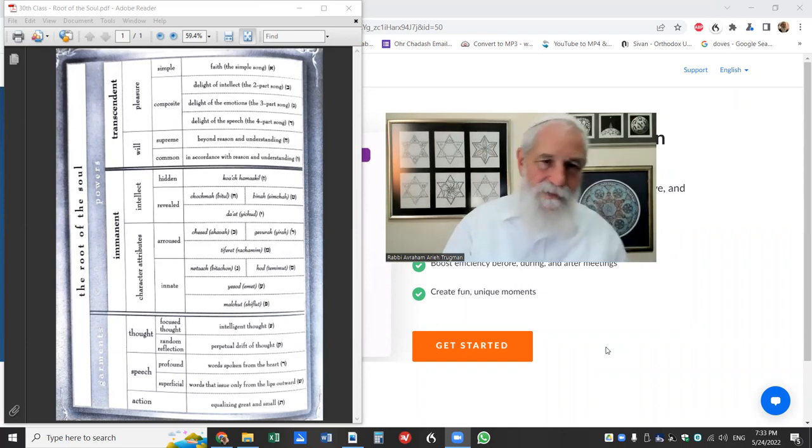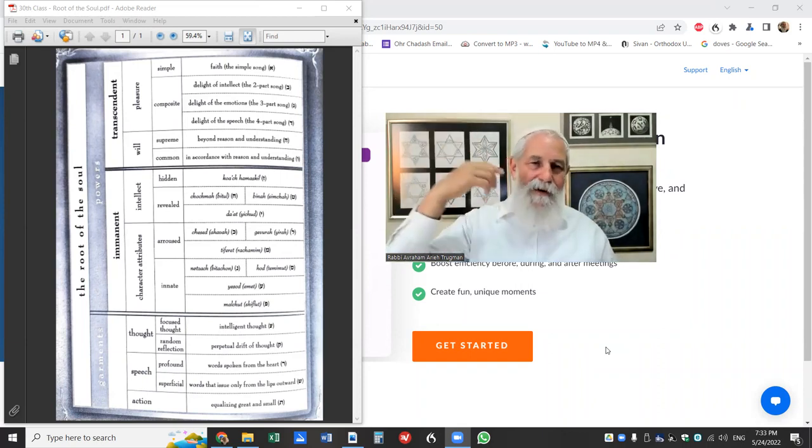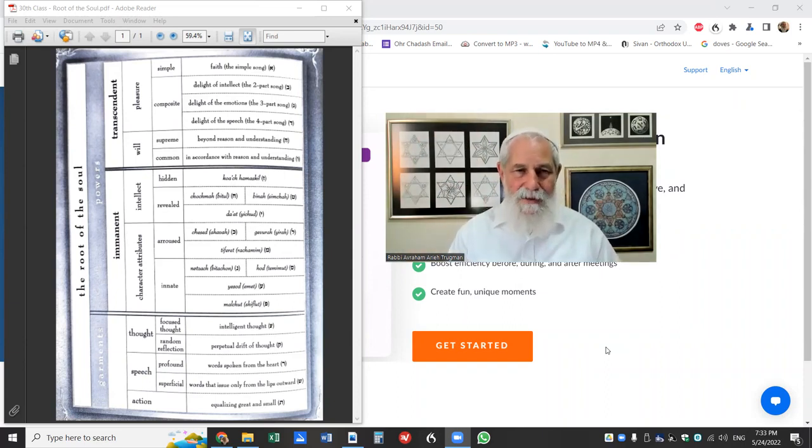We use it 24/7. But there's a deeper, higher, more transcendent source of hidden intellect that we want to connect to. And that's why, next to the word Chachma, in parentheses, is Bitul. And we learned that the inner dimension of Chachma is Bitul.